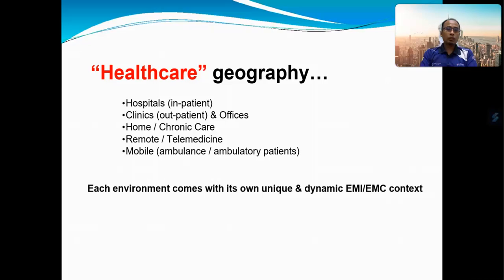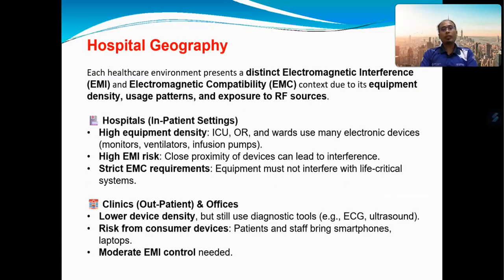First one is a hospital, then clinics, home or chronic care, remote or telemedicine, and the last one is the mobile environments, which consist of ambulance or ambulatory patient. So we can see that each environment comes with its own unique and dynamic EMI and also EMC contexts.